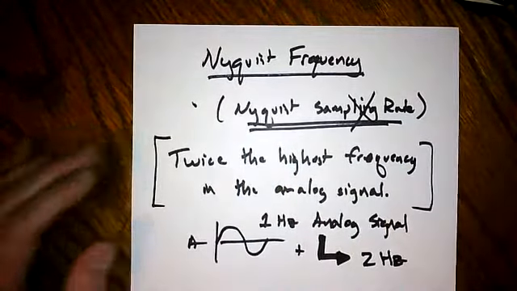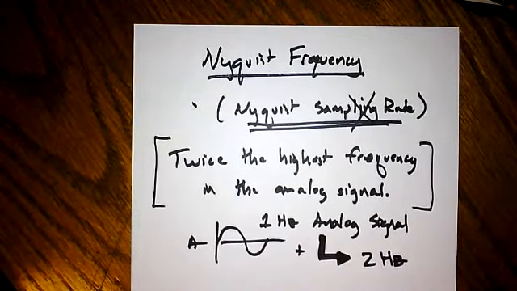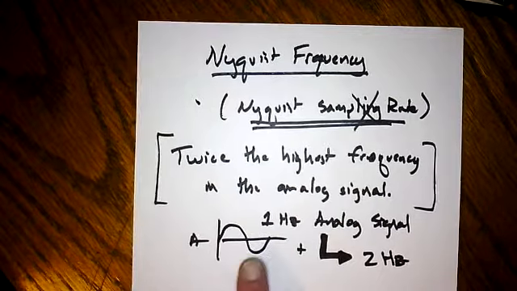So I don't like this phrase when we're talking about what sample rate to use for a signal. What you are probably seeing at this point is that I'm really talking about the minimum sample rate needed to represent this signal, okay? The minimum sample rate is anything greater than 2 hertz.